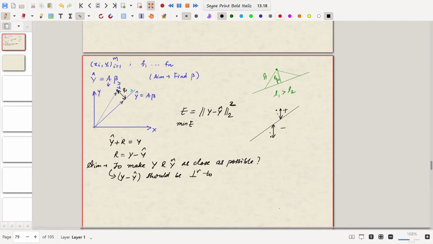Y is the actual data, y cap is the estimated one. So it should be perpendicular to what? Y cap. It should be perpendicular to y cap. Now it is very tempting to take the dot product, isn't it? If two vectors are perpendicular, what should be their dot product?